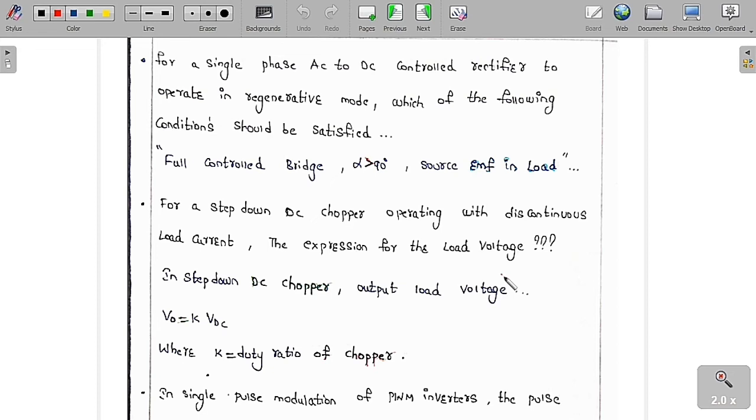Whereas for discontinuous conduction, the average value of the output voltage is equal to D into Vs by beta. In the step down DC chopper, output load voltage V naught is equal to K into VDC, where K is called the duty ratio of the chopper. Actually, this is for continuous load current; otherwise we are going to get D by beta into VDC or D into VDC by beta.